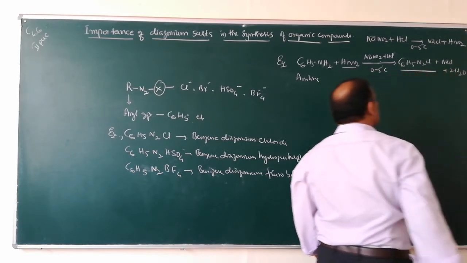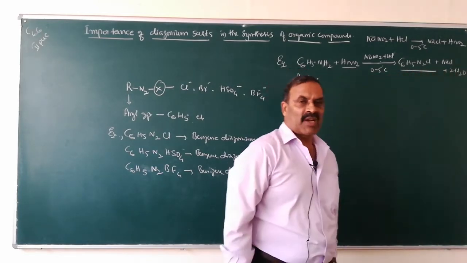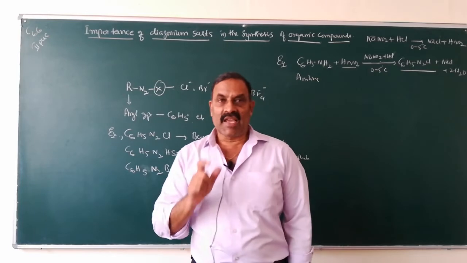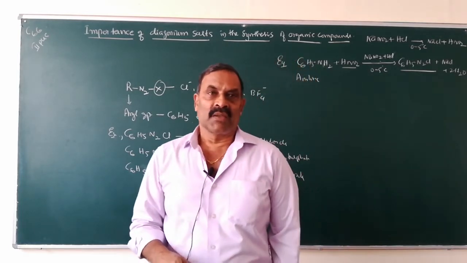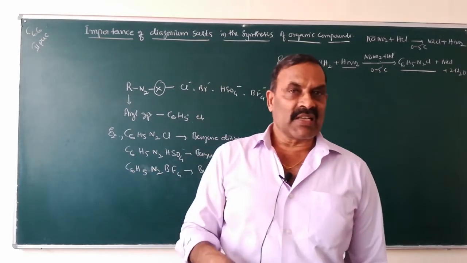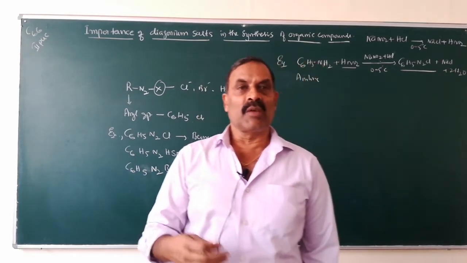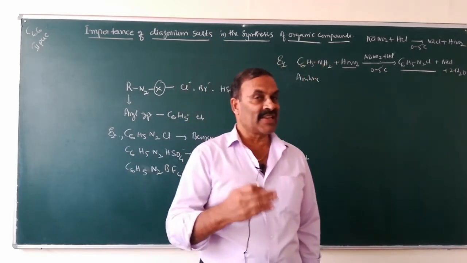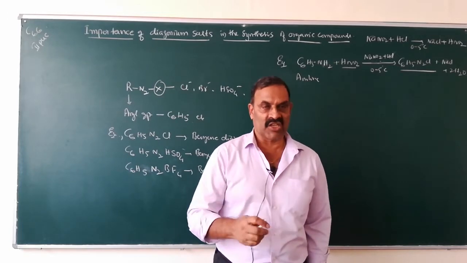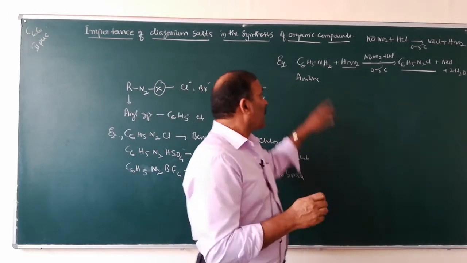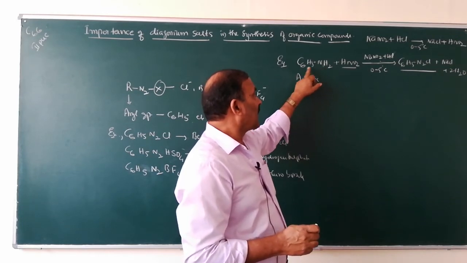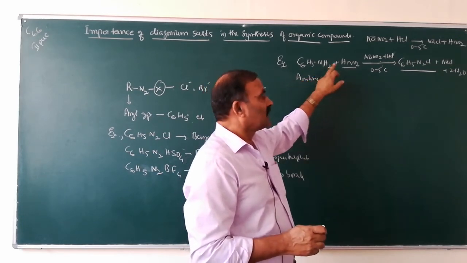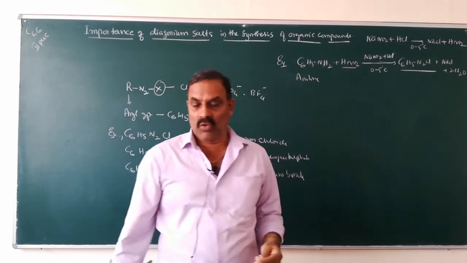This is how benzene diazonium chloride is prepared when aniline reacts with nitrous acid at 0 to 5 degrees centigrade. So this is an example for diazotization, conversion of primary aromatic amines, namely aniline, into benzene diazonium chloride.